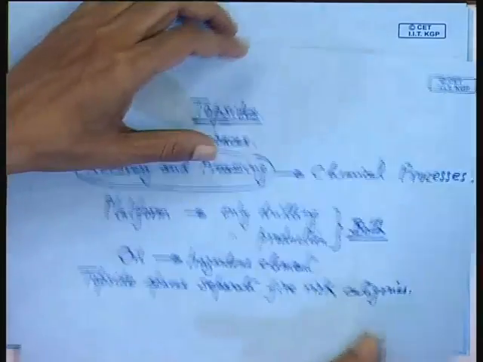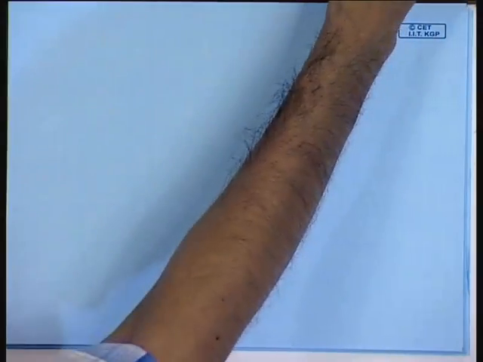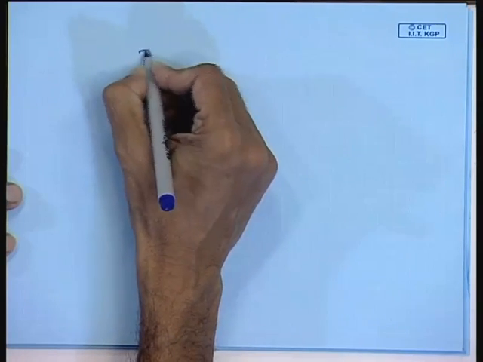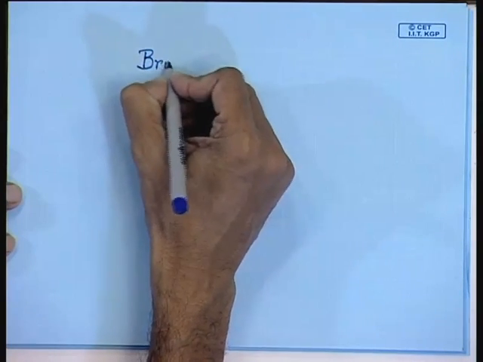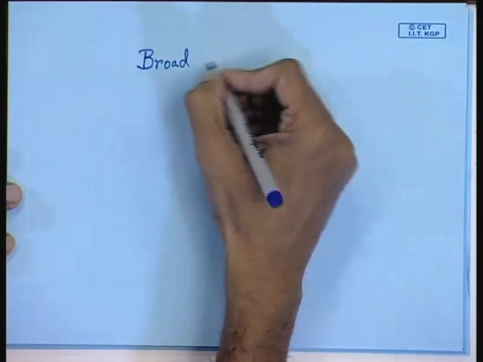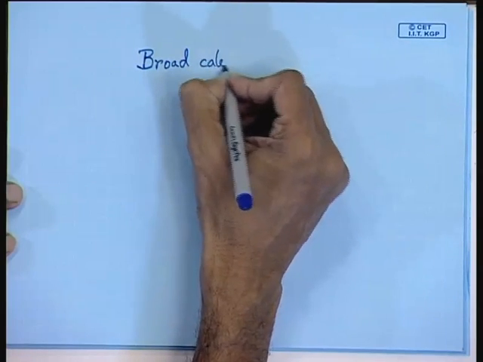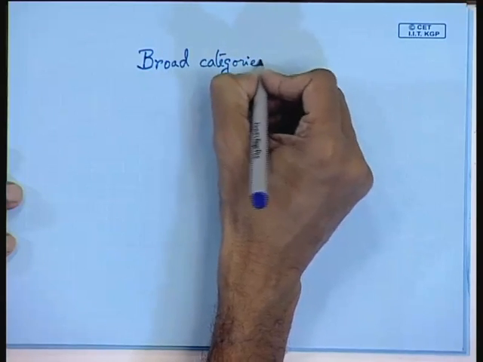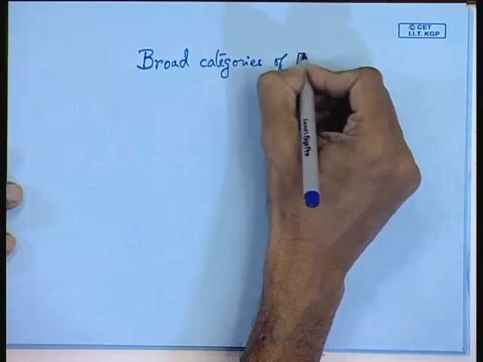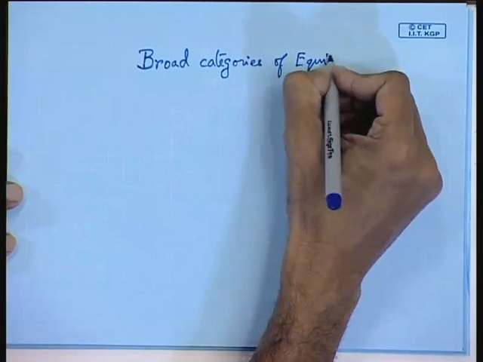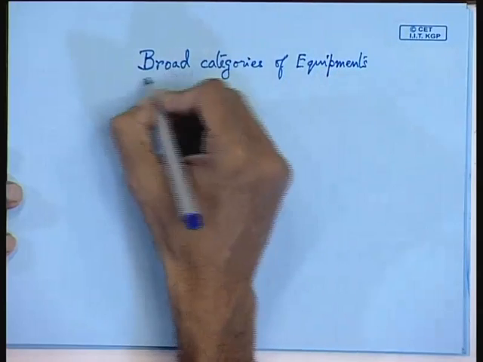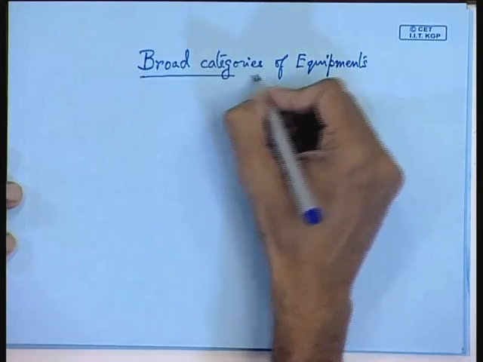Now, the broad equipments that you finalize, so broad categories of equipment that you have to class according to, and the spaces are going to be earmarked according to these broad categories of equipment. So, these are some of the new things that you will be learning while you are designing offshore platform.